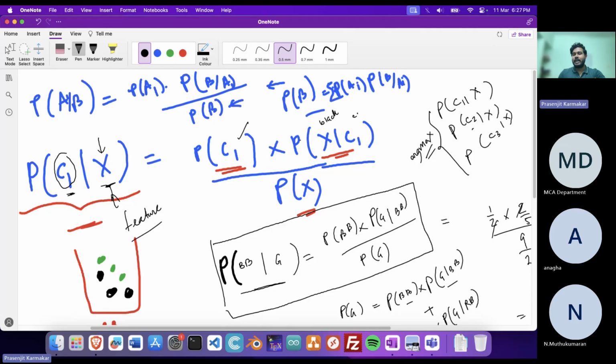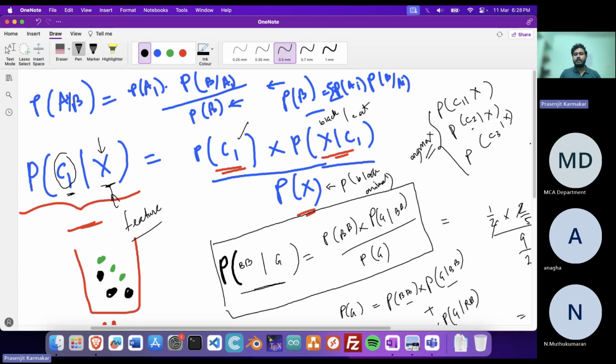How many times do I have a cat image that is black? And then P of x is how many times we have an image that has a black animal. So this is the probability of a black animal.